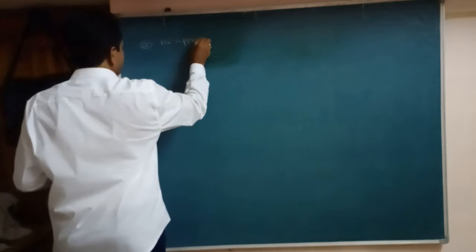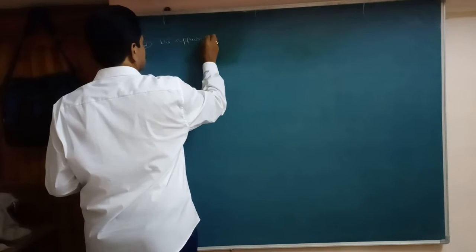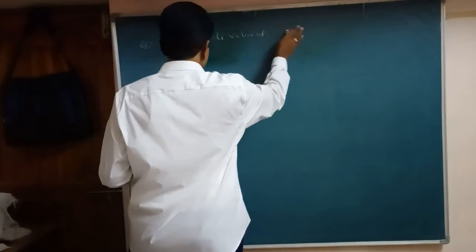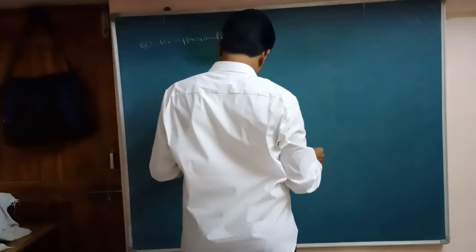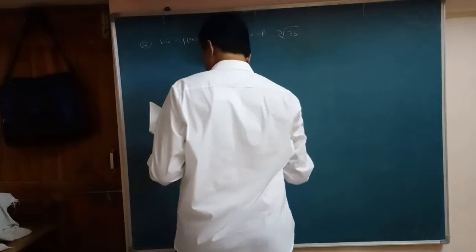Next one. The approximate value of fifth root 33.